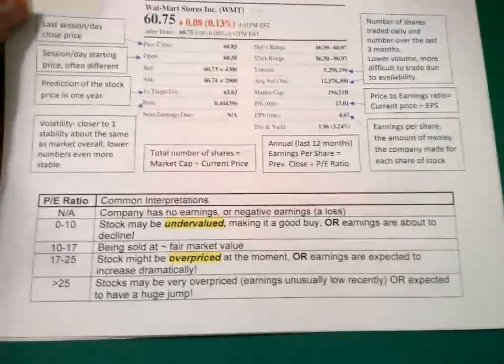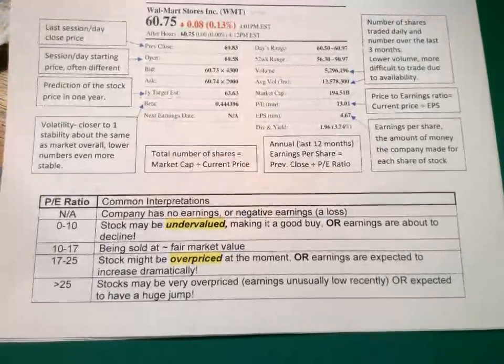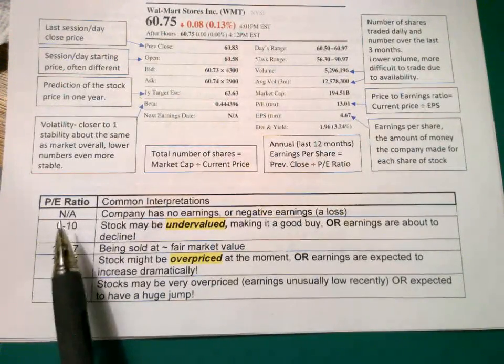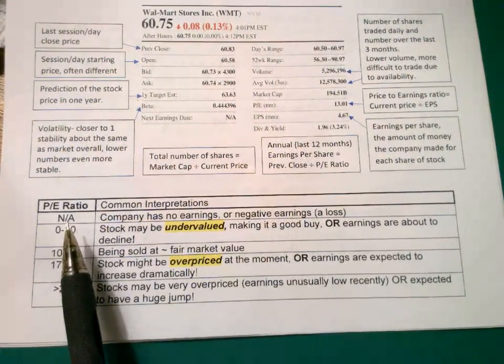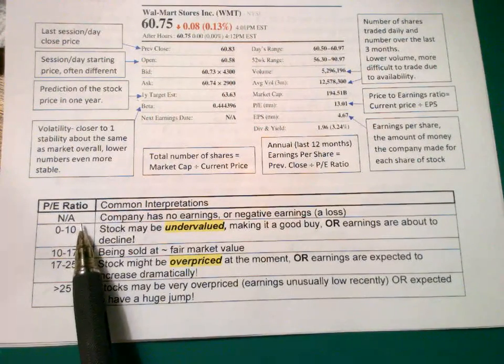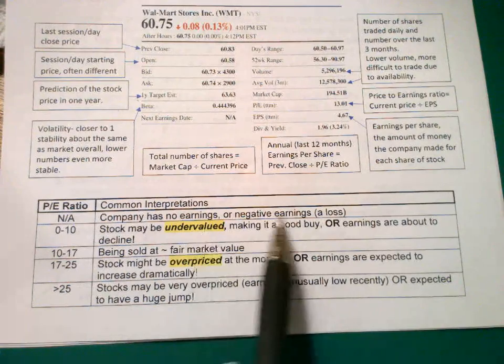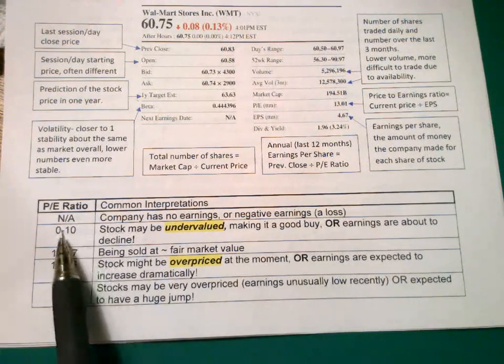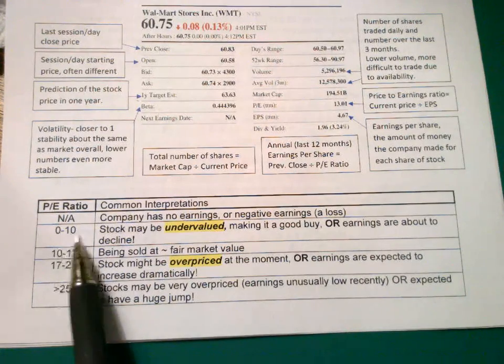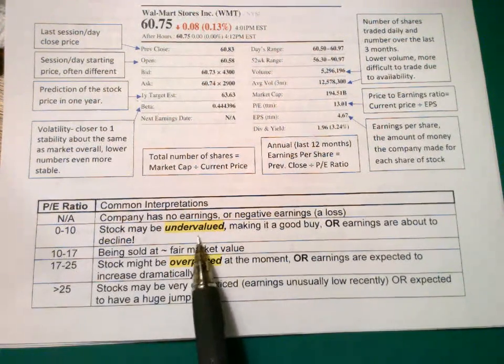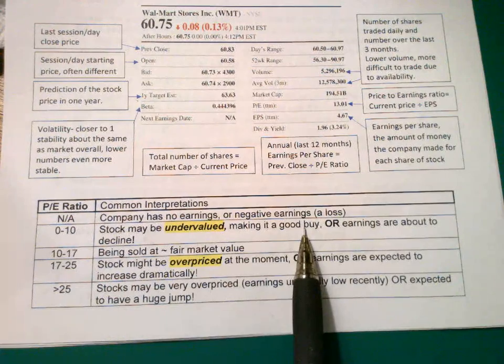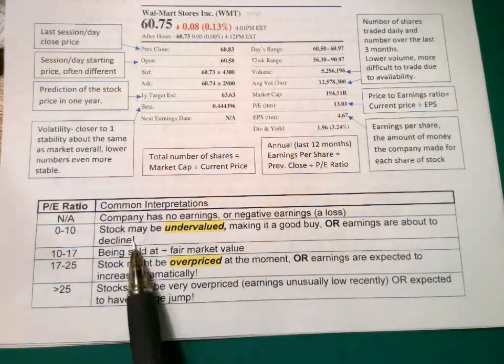And then I want to talk about the PE ratio just a little bit. When we're talking about the price to earnings ratio, if the company has no earnings or it has negative earnings or a loss, it just says NA. Okay. If it has a PE ratio of 0 to 10, the stock may be undervalued, making it a good buy, or the earnings are about to decline.